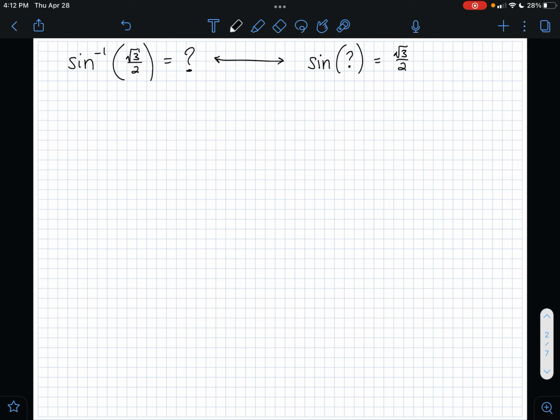So that's how we're going to interpret these. This statement here is asking us the sine of what angle is √3/2. Well, we can answer that by going to the unit circle. Now, we don't want the full unit circle.